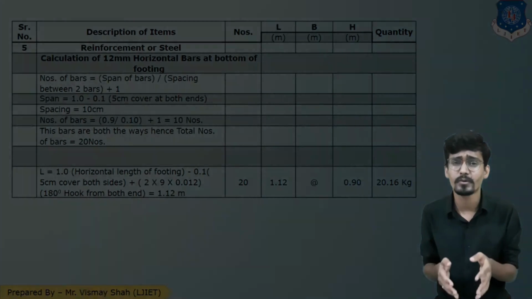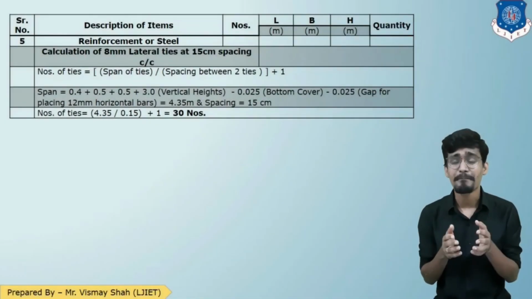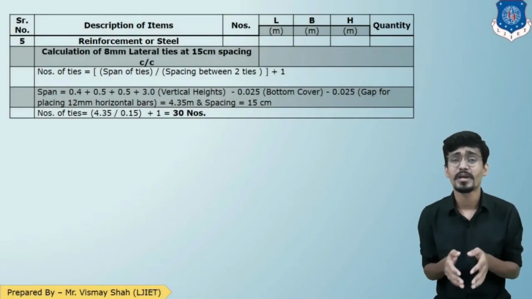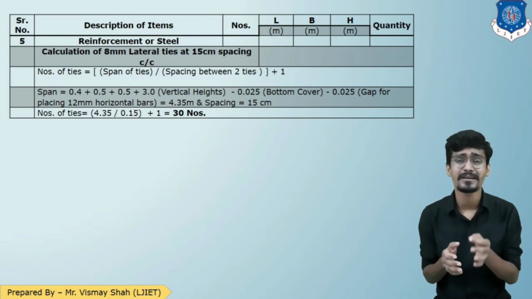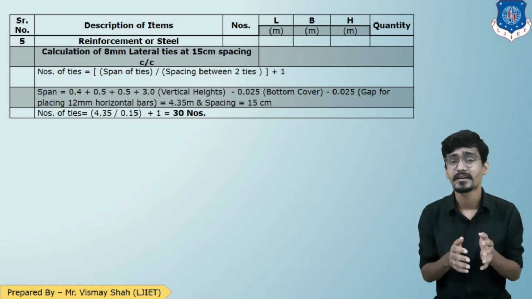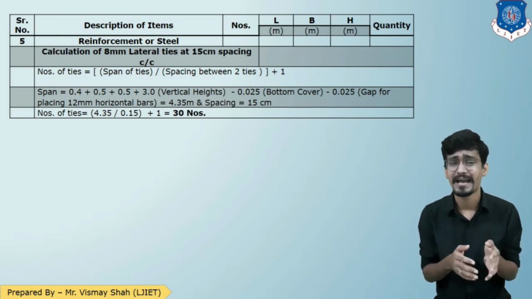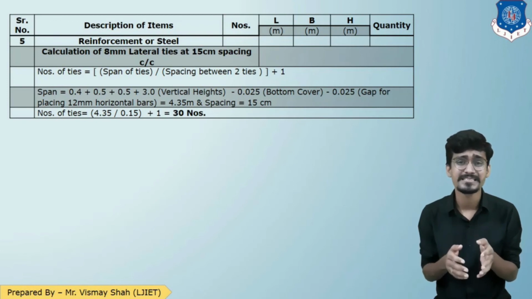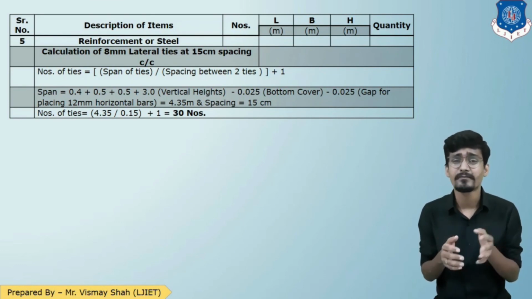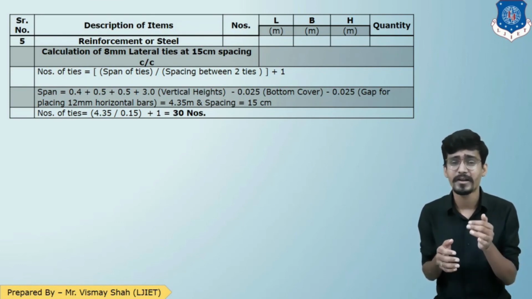Now, moving forward, the last part is the calculation of 8 mm lateral ties having 15 centimeter center to center distance. First, let us calculate the number of ties. So, number of ties is span of ties divided by spacing plus 1. The span will be 0.4 plus 0.5 plus 0.5 plus 3.